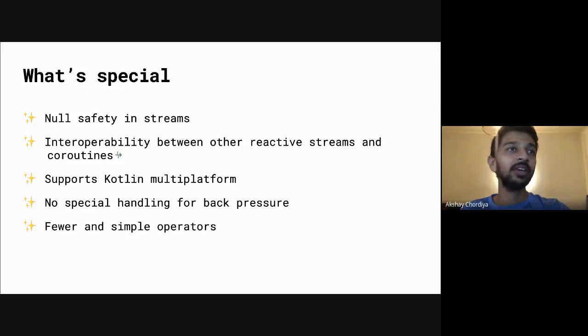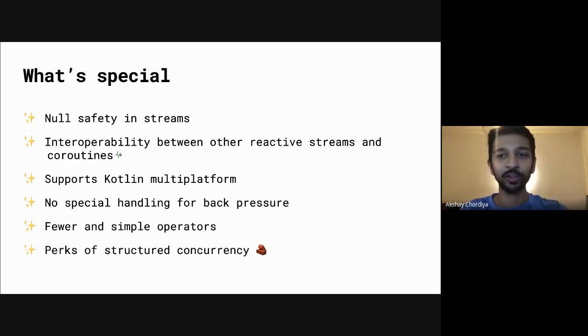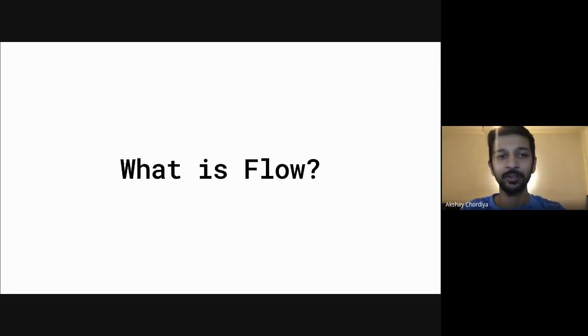The reason there are fewer operators is twofold: one is Kotlin's extension function magic, and second is coroutines. The suspending nature of coroutines allows having the same operator for synchronous and asynchronous code. This drastically cuts down the number of operators needed. And it also has the perks of structured concurrency, which we saw before.